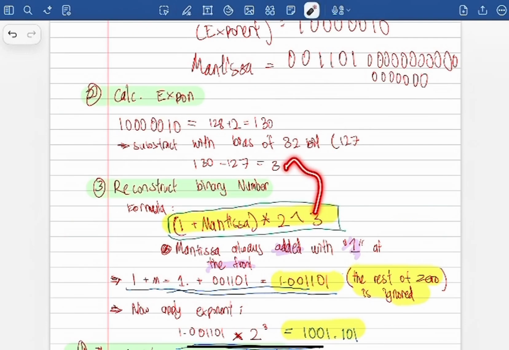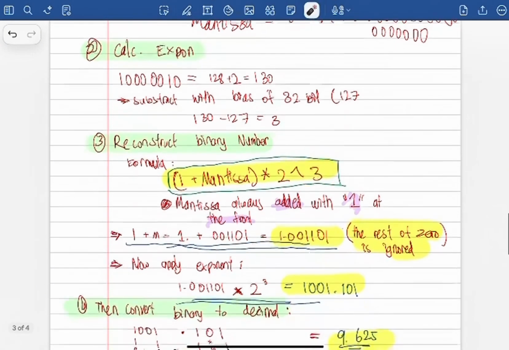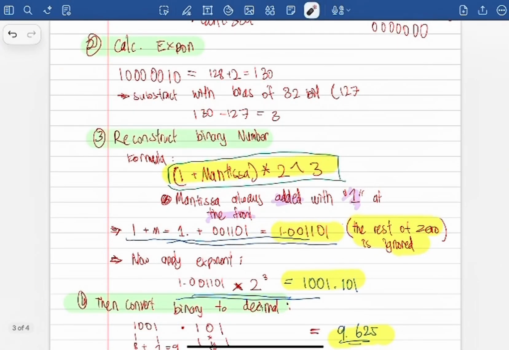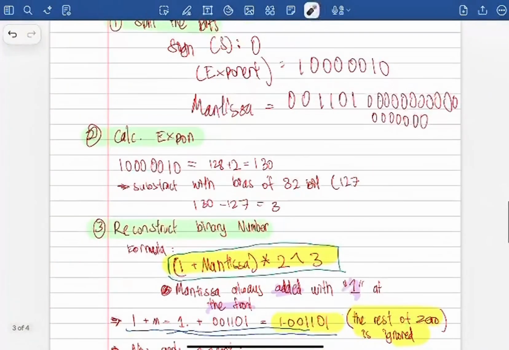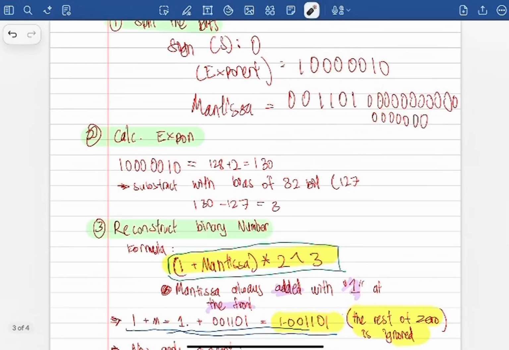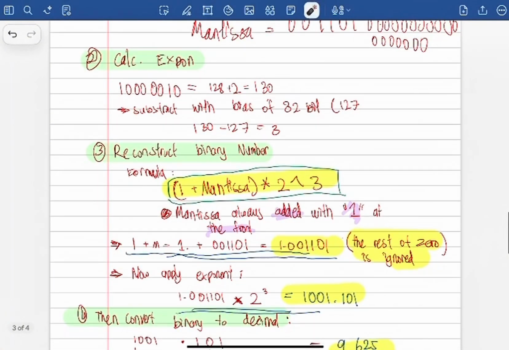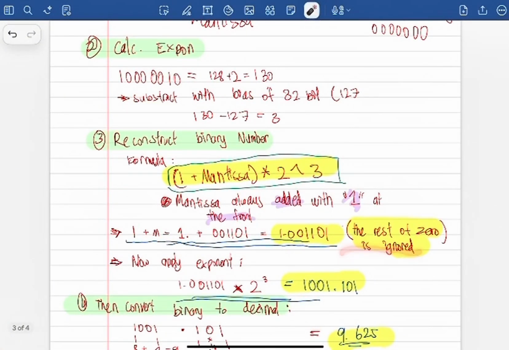Then we bring here the formula to reconstruct the whole number. For the mantissa, we add the number 1, and for the mantissa we only need the digits up to the last 1, and the rest of the zeros will be ignored.